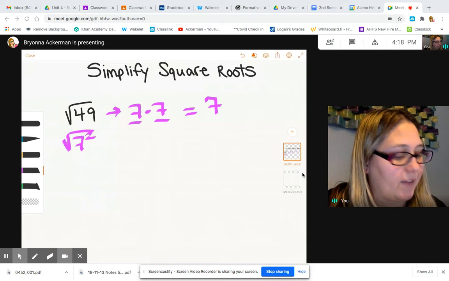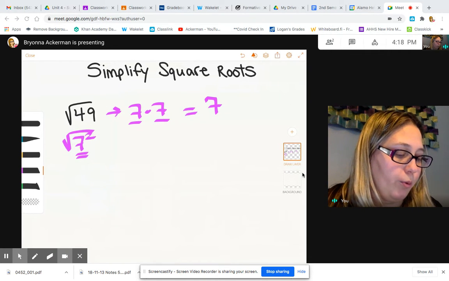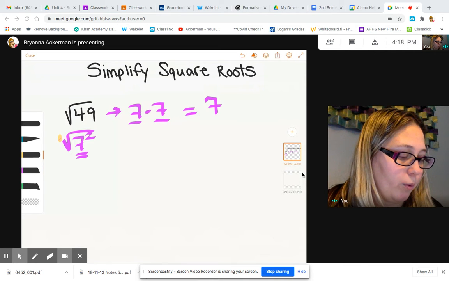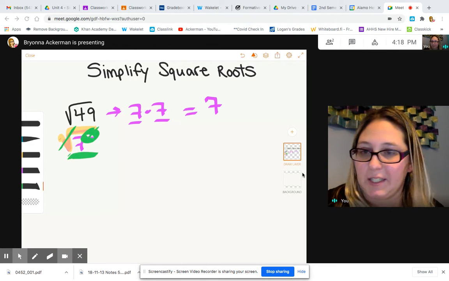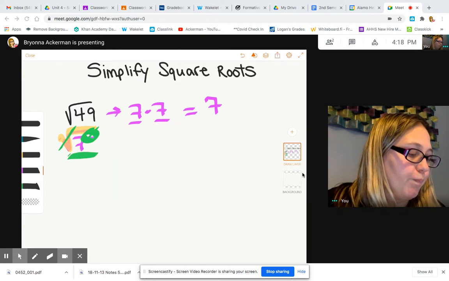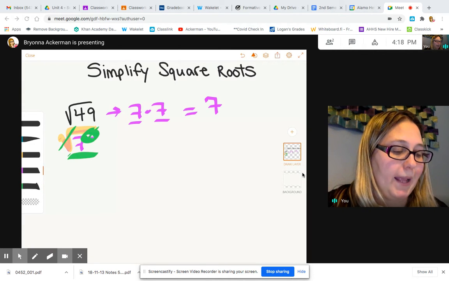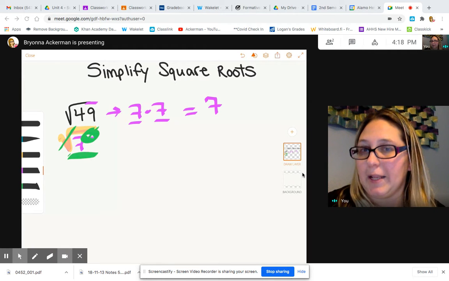You agree that 7 times 7 is 49. But anytime you take a square root of a squared number, those cancel out and you're left with whatever's inside. That's where this comes from: when I have the same number twice and I square it and then take the square root of it, it cancels out.